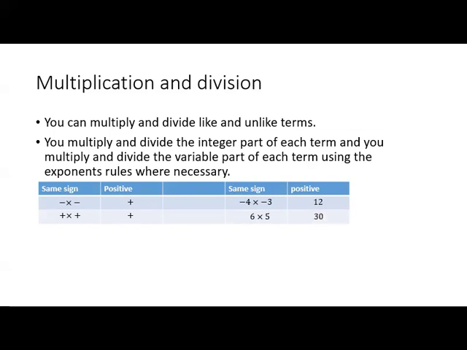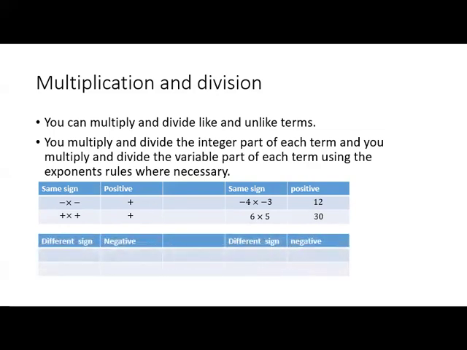Note that when you multiply different signs, your answer will always be negative. For example, positive times negative will give you negative. So positive 3 times negative 2 will give you negative 6. And what is negative times positive?